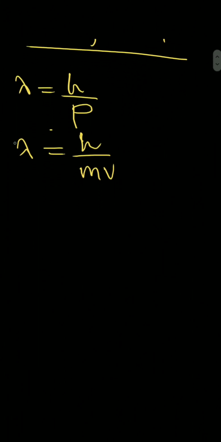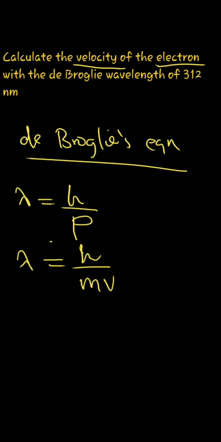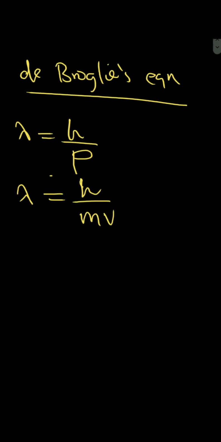The value for h is given, lambda is given, and the mass of an electron is also a known figure. So what we are supposed to solve for is the velocity of this electron.